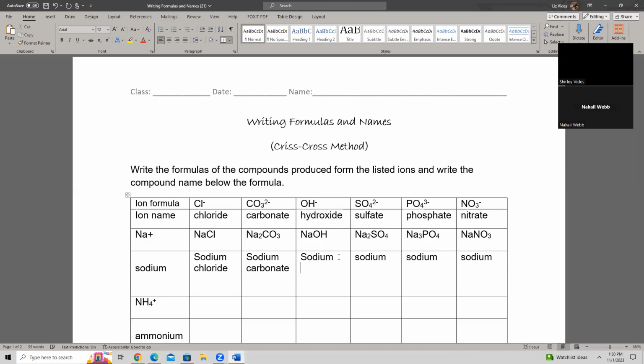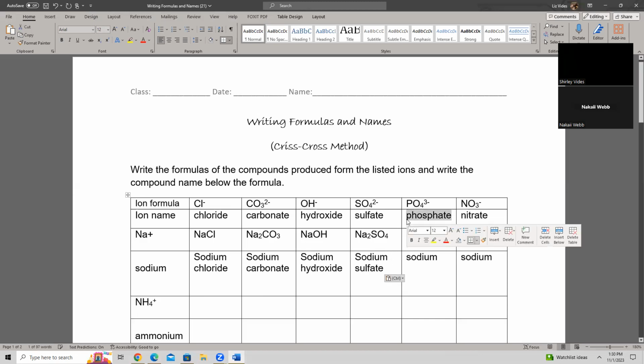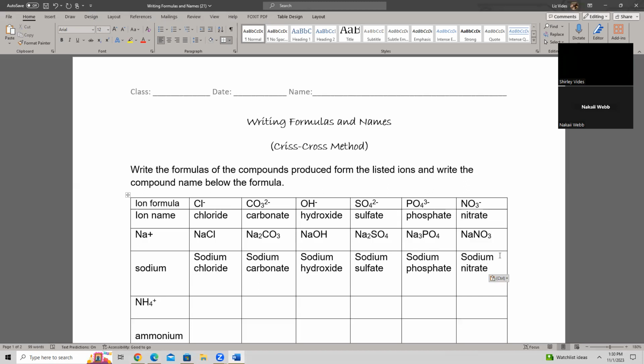Because you already have it here. Now, later on, we're going to just have the compound and we're going to have to name it. But right now, we're just learning to put compounds together and kind of seeing where their names come from. So that when we are ready to actually do a name, we can do one like this. All right, so that's that.